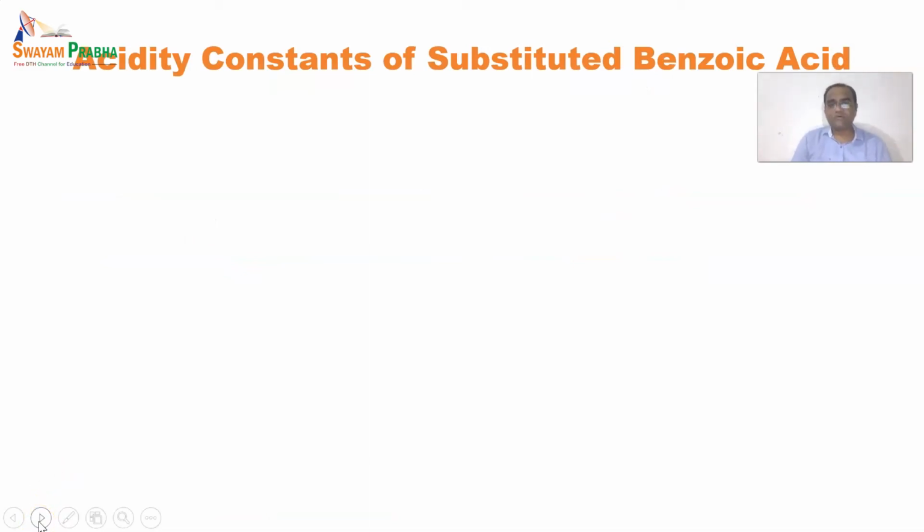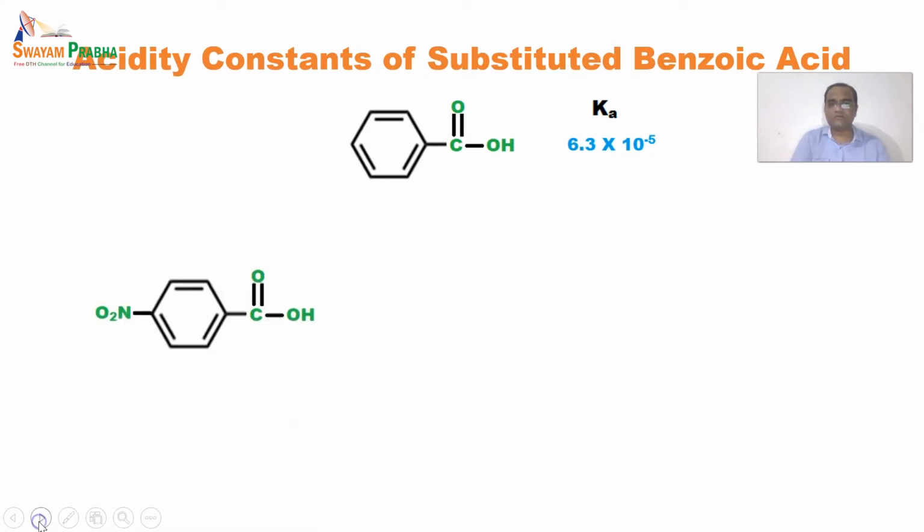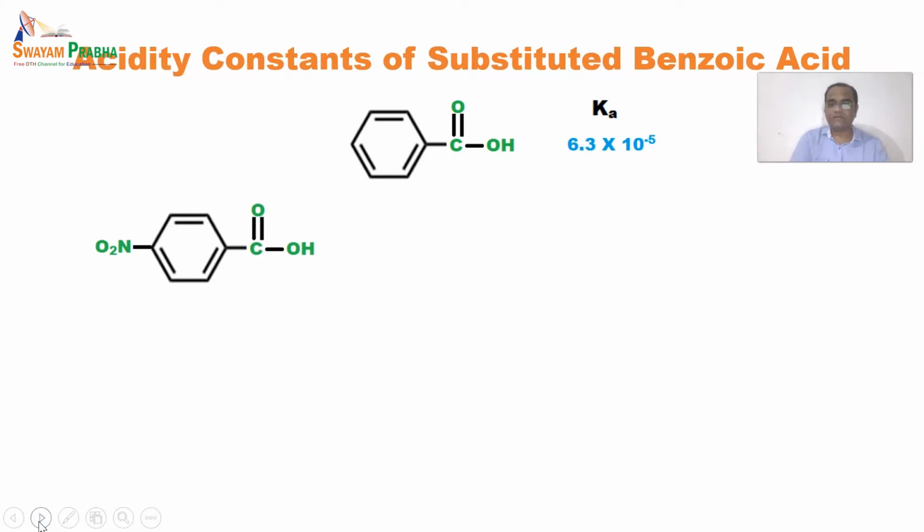We will see some acidity constants of substituted benzoic acids as well as benzoic acid. K is the acidity constant. Whenever an acid dissociates, its strength is determined by K. Benzoic acid has a K value of 6.3 × 10^-5.